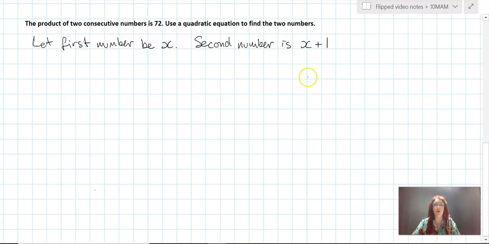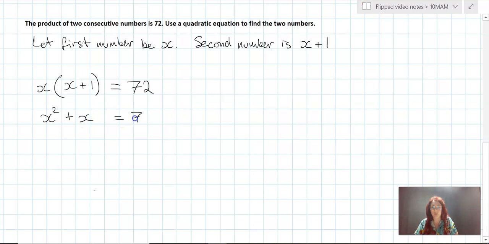Because it's one more than x, it's the next number. So our equation here, we know that when we multiply them together, we get 72. So x times x plus 1 equals 72. Now if we expand our bracket, we'll have a quadratic we can solve. x squared plus x equals 72.